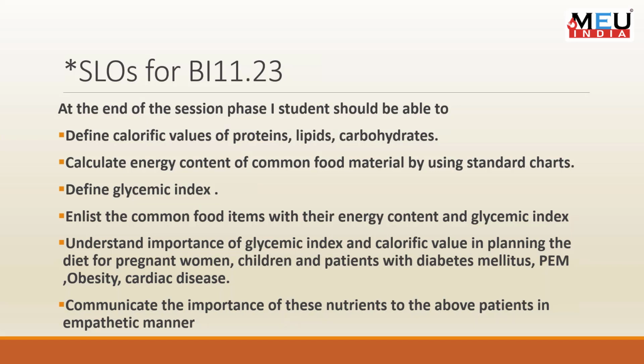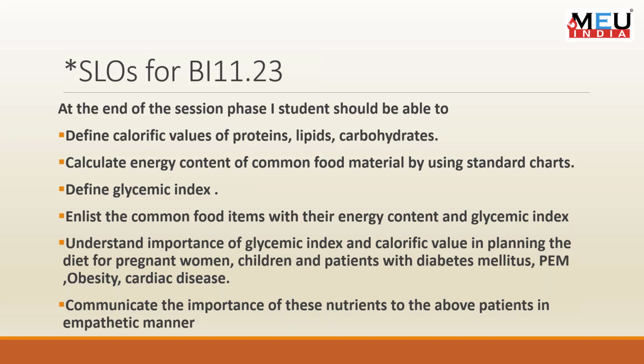Already we have done this in the nutrition topic. Then enlist the common food items with their energy content and glycemic index. Then understand the importance of glycemic index and calorific value in planning the diet for pregnant women, children, and patients with diabetes mellitus, protein energy malnutrition, obesity, and cardiac diseases.